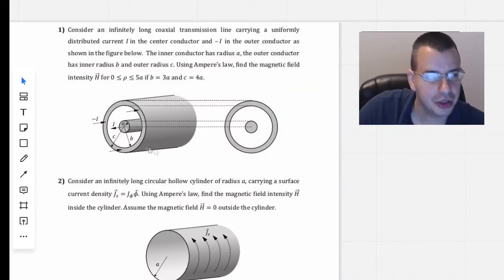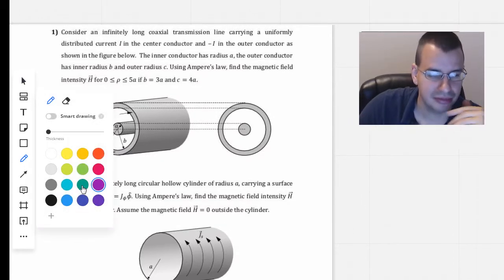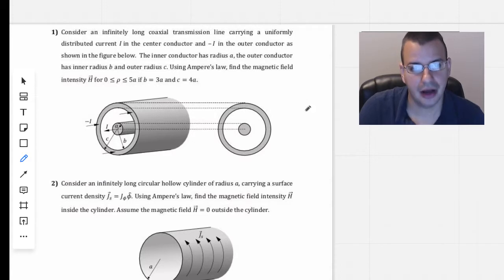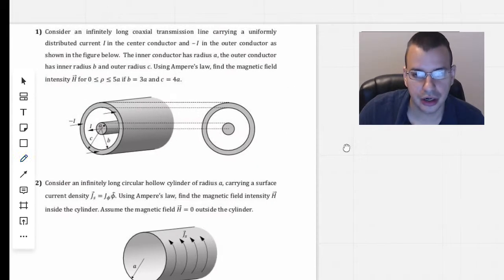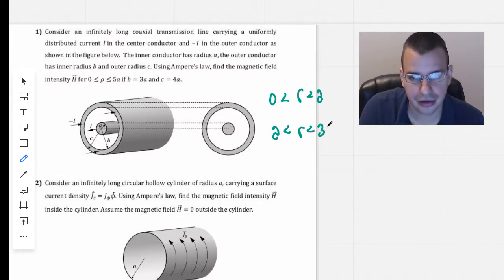I'm pretty much going to ignore the B and C and just write everything in terms of A, since I think it's simpler. So we're given various R's where we're trying to find it for R less than A. I'll say 0 less than R. And then we find it between A less than R less than 3A.